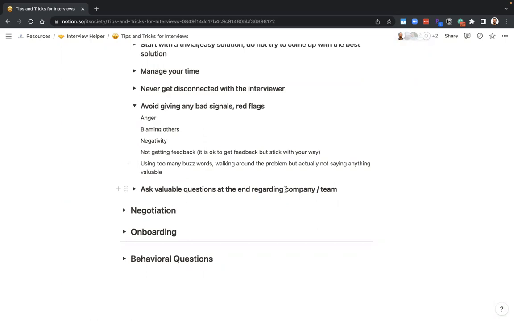Just walking around the problem, but not saying or doing anything valuable. So don't do this. This is a real red flag. You fail the session, but you also get a red flag. It is a very bad sign, so it may also affect your other sessions.